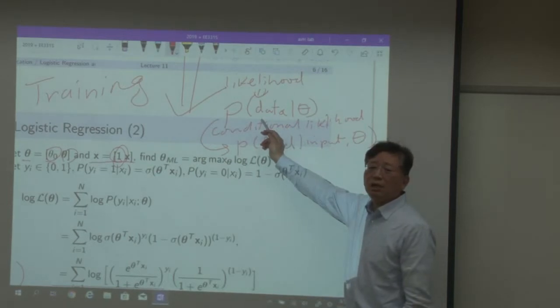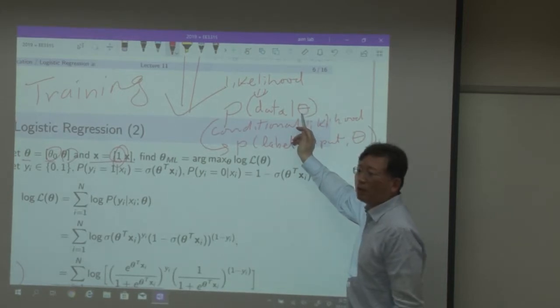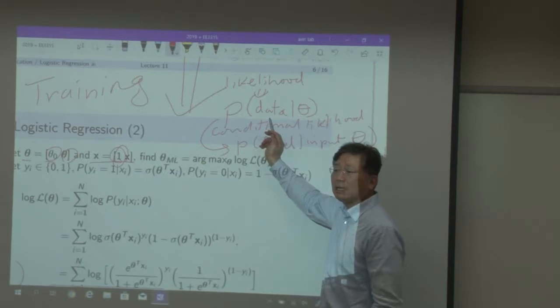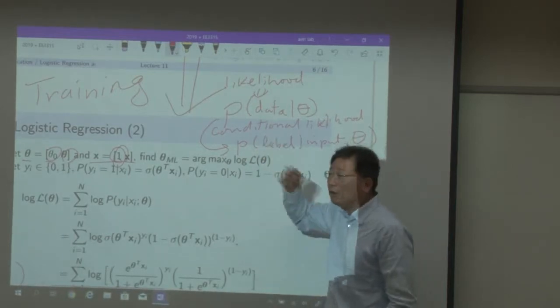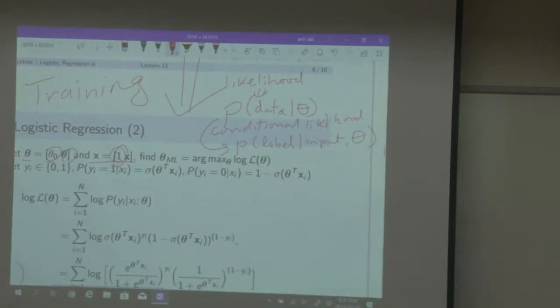Wouldn't this be a good criterion? For some parameter, I want the probability of the observation. I should say not data, I should say observation. Probably that's a better word.